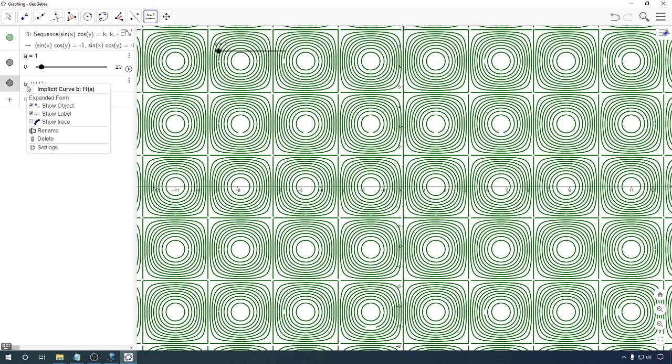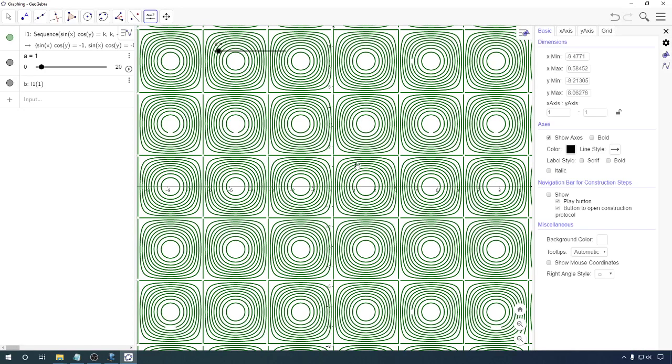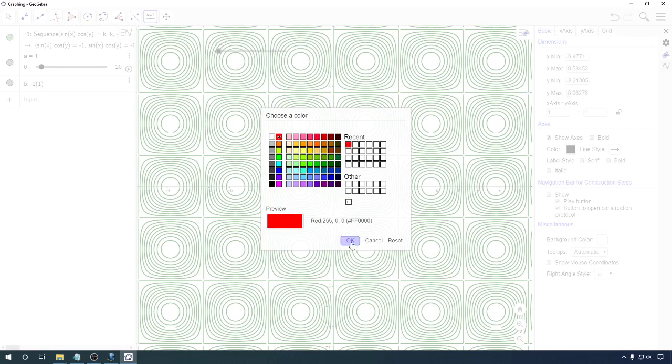And let's actually go ahead and change the color of this. If it'll stop lagging as much as it is. I'm going to make this red.